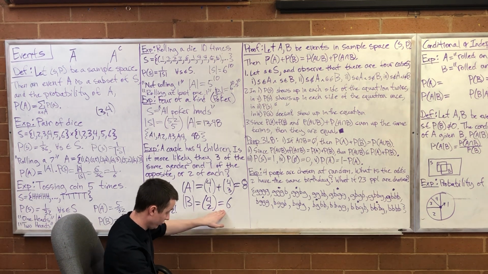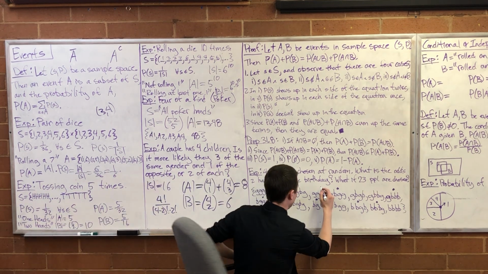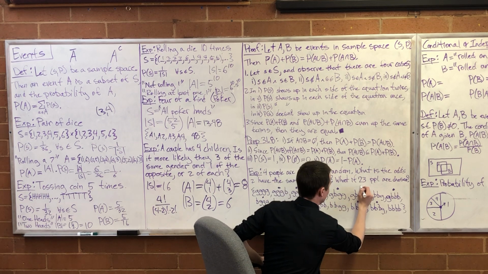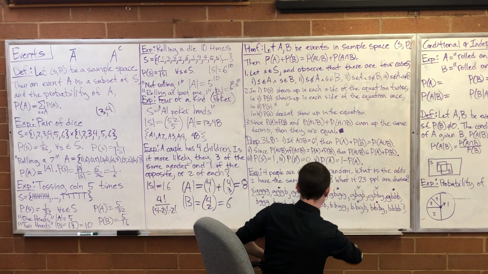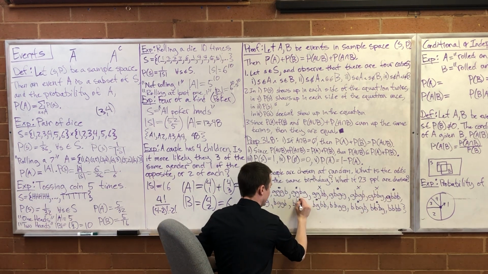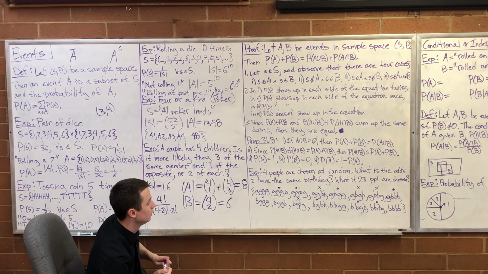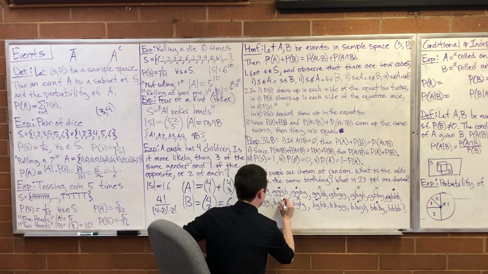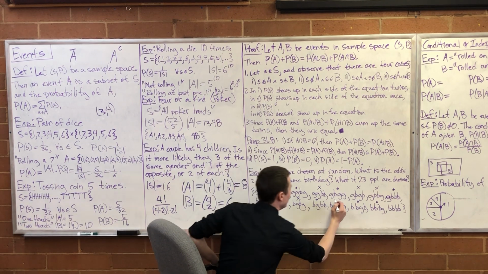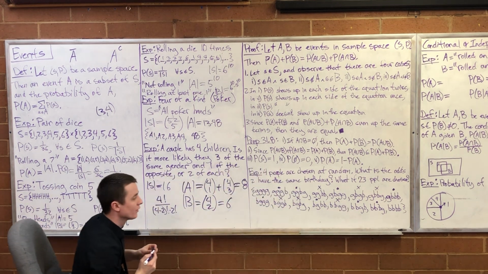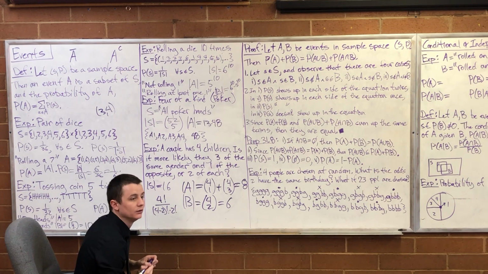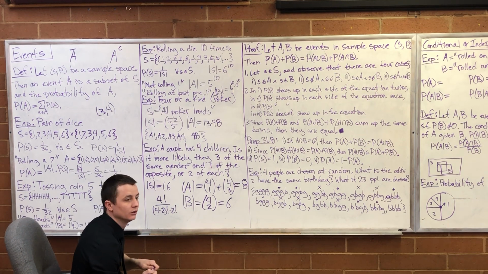Now when we look at 4 choose 2, that's this one, this one, this one, and this one. No, you missed 2. Up. That one, and that one. Thank you. So those are all the ones that have exactly 2 of each.